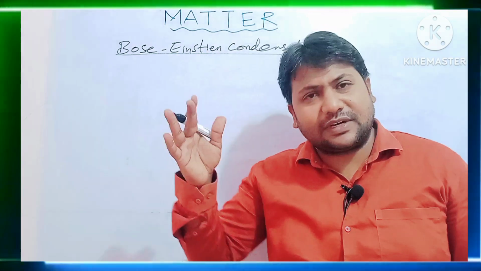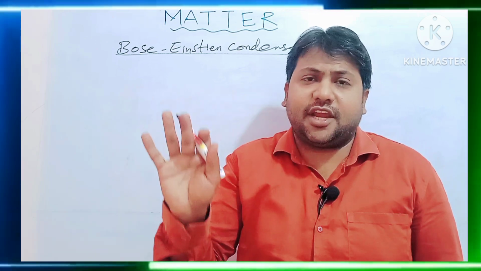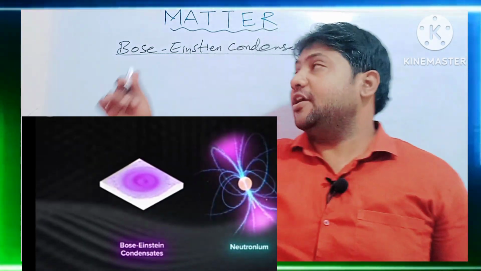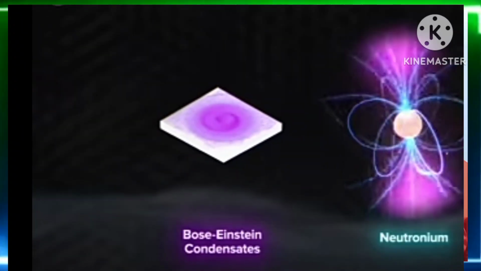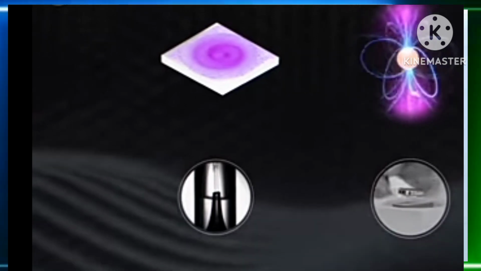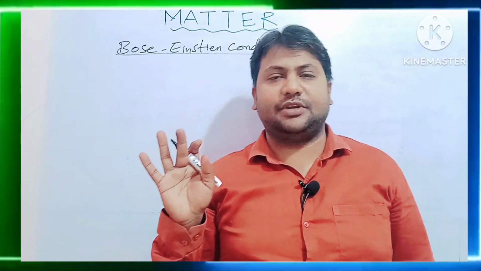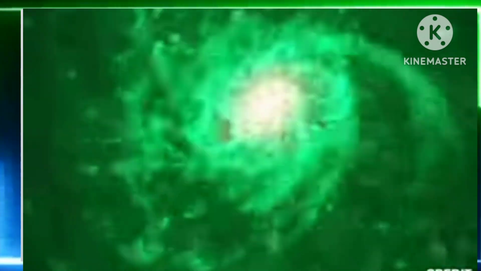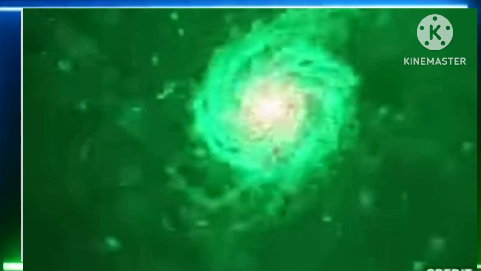When we cool to this temperature, a new substance which is not solid, not liquid, not gaseous, that is Bose-Einstein condensate, will be formed. Almost absolute zero, we should cool it. Very difficult to achieve that temperature. So at that time, we find this Bose-Einstein condensate.